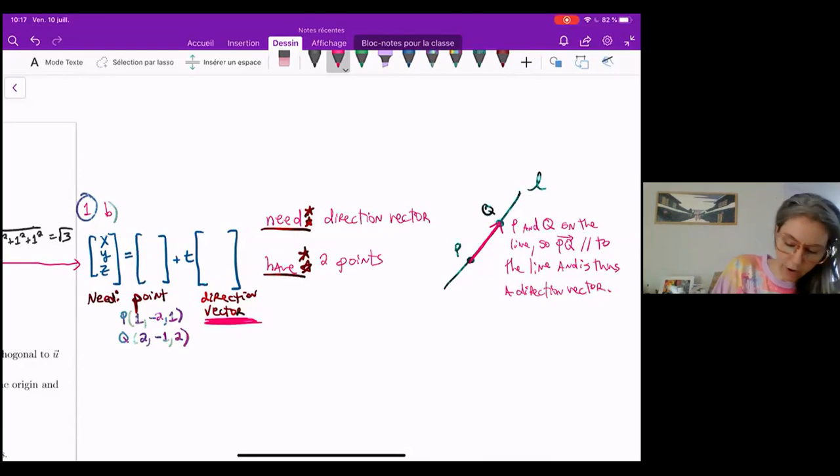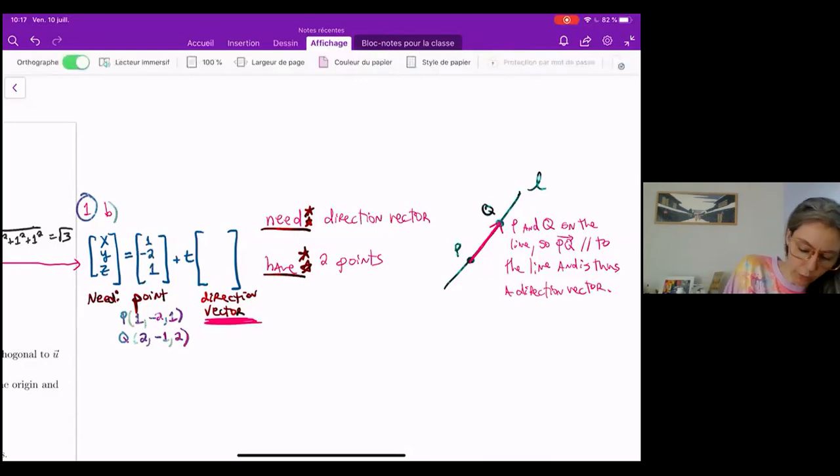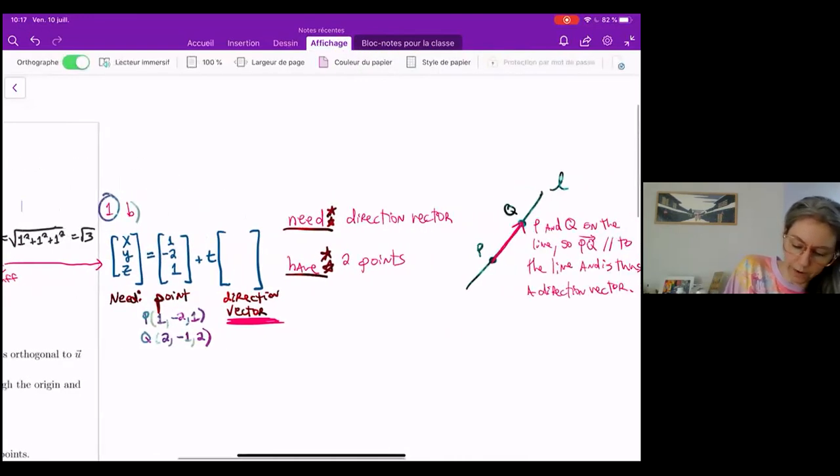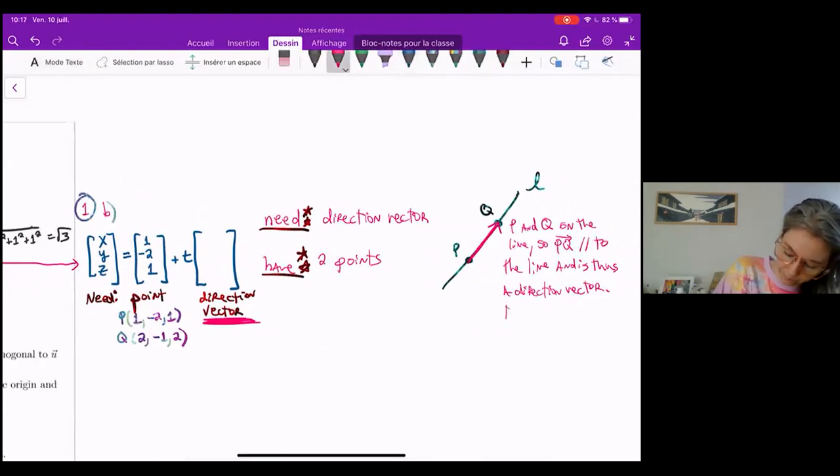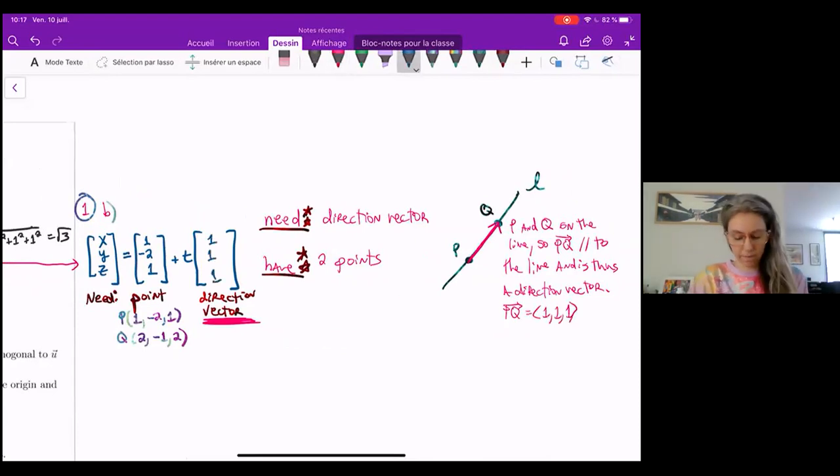Good. So now I can go over here and fill things in. I can use whichever point I want, 1, -2, 1, and my direction vector PQ, which we found was 1, 1, 1. And that's my final answer.